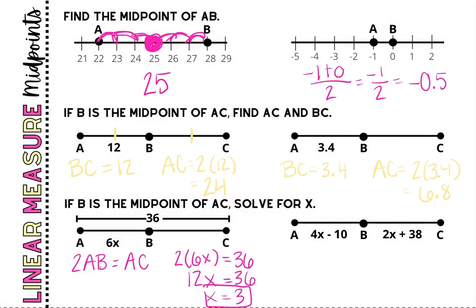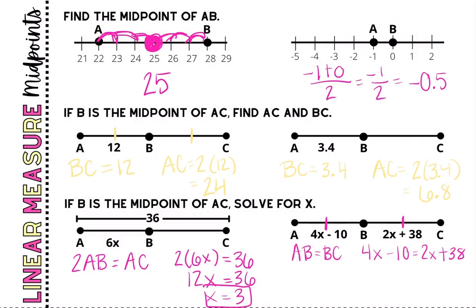Now, let's look at this next one. If B is the midpoint, you know that AB is equal to BC. They're the same, so you're literally going to set these two segments equal to each other. So 4x minus 10 equals 2x plus 38.